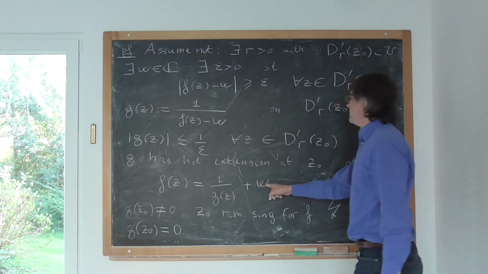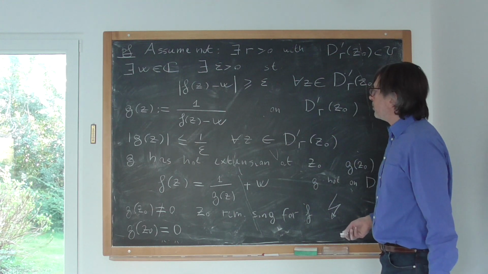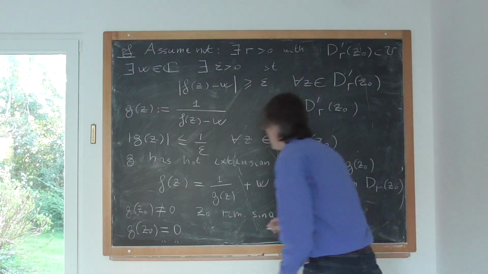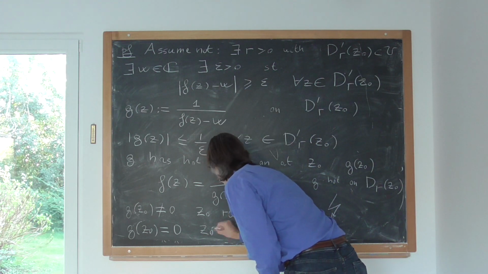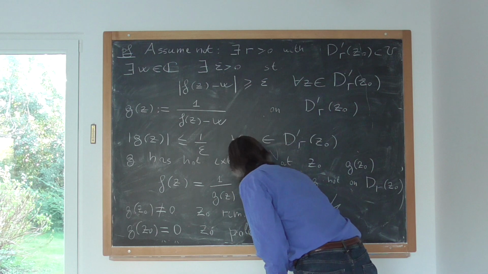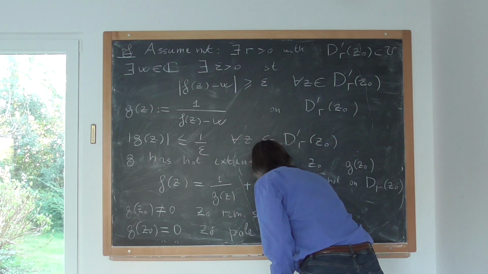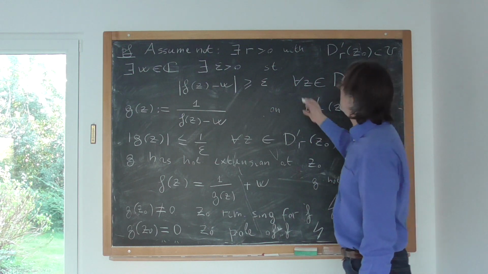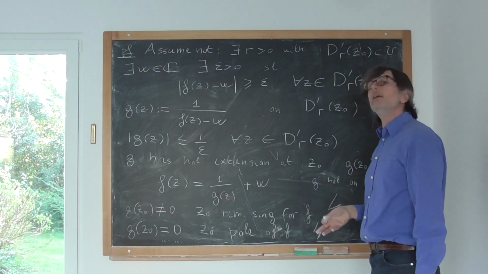So adding a constant, we would get that f has a pole at Z0. And this is also a contradiction, because we were assuming that the singularity Z0 is essential.